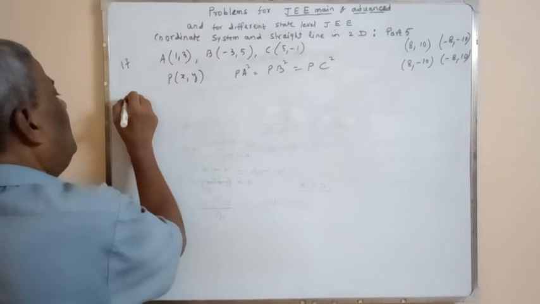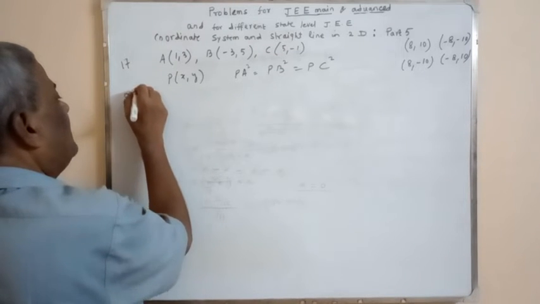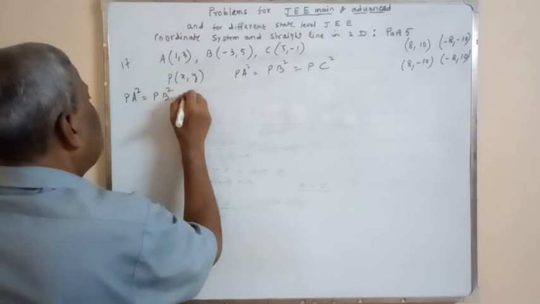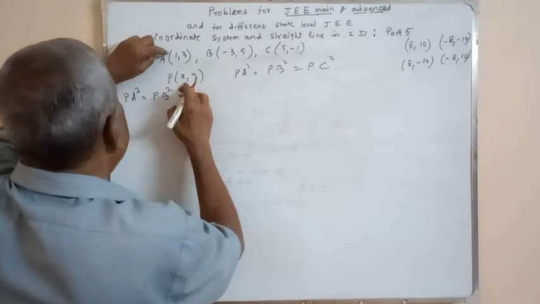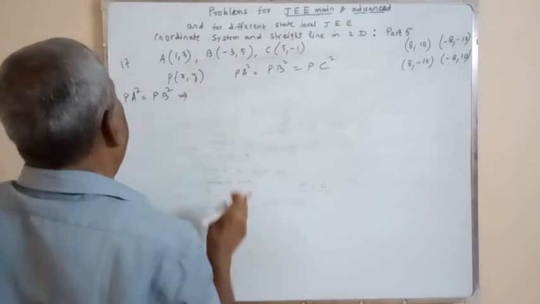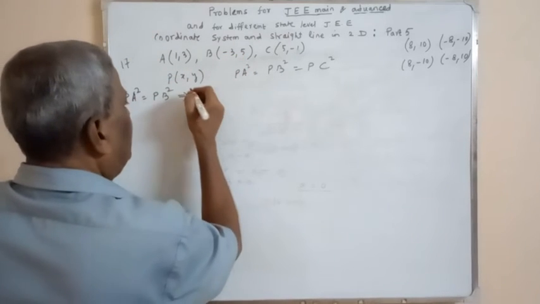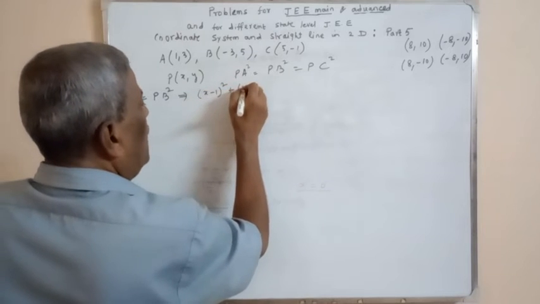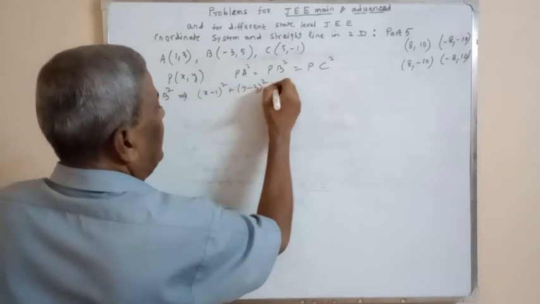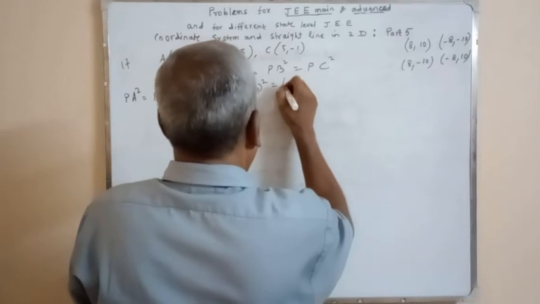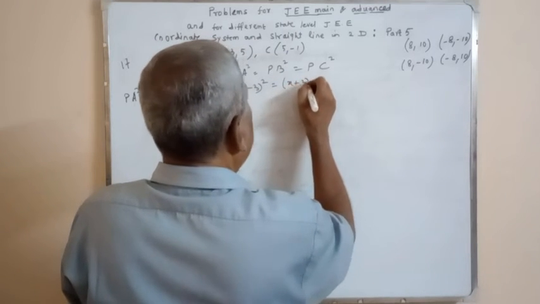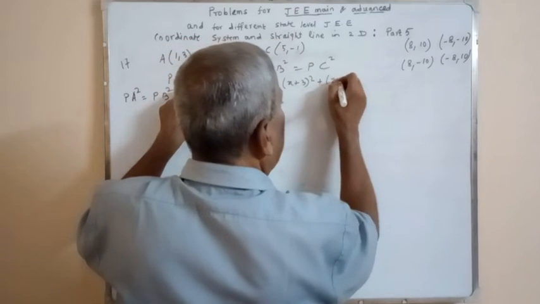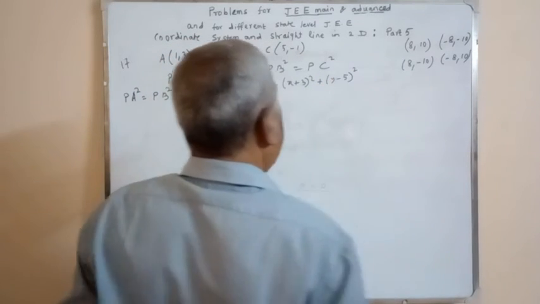Now taking PA square is equal to PB square, it gives us that this distance and that distance square are same. That is, (x minus 1) whole square plus (y minus 3) whole square is equal to (x plus 3) whole square plus (y minus 5) whole square.